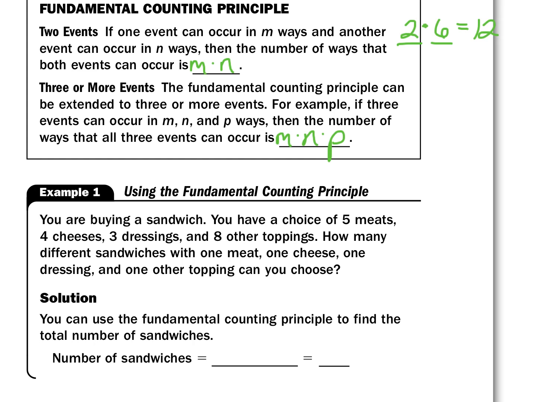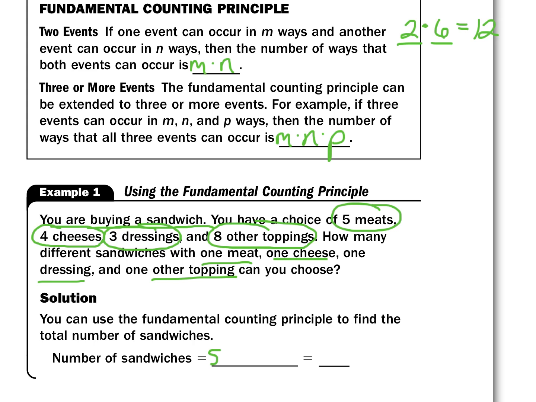So if we're going to buy a sandwich where we have choices of 5 different meats, 4 different cheeses, 3 different dressings, and 8 other toppings, where we can pick 1 meat, 1 cheese, 1 dressing, and 1 other topping, how many different sandwiches can we make with one of each of those selections?